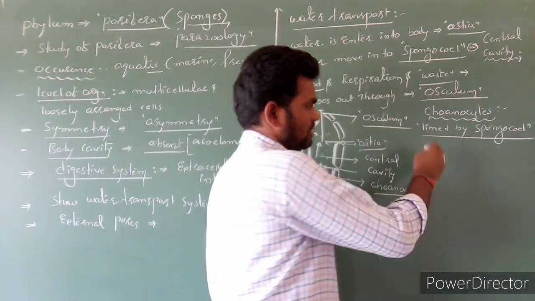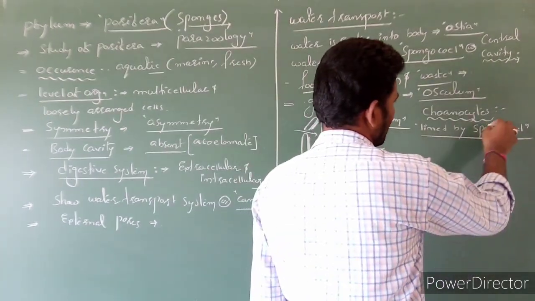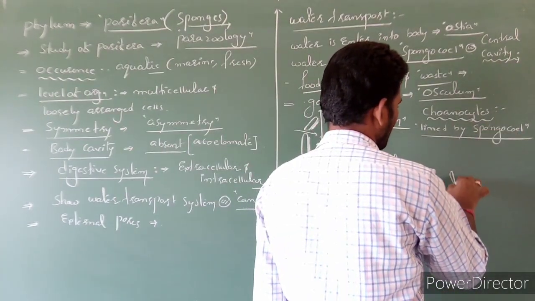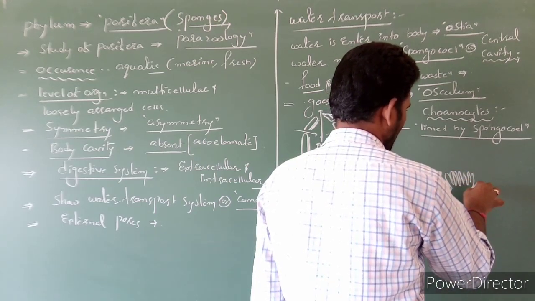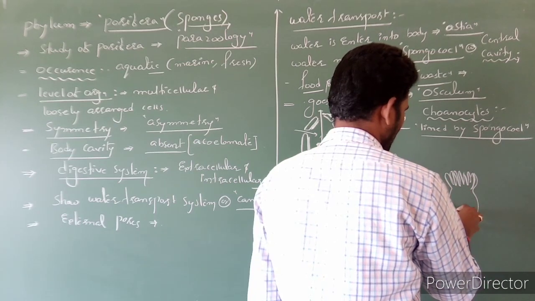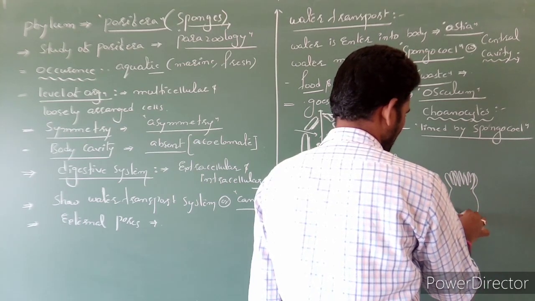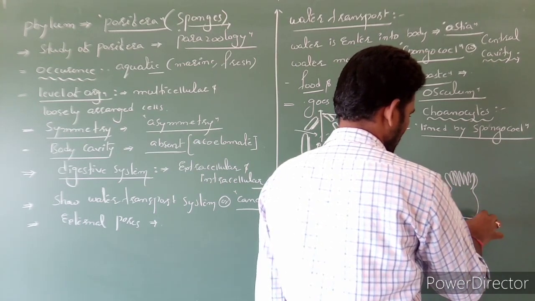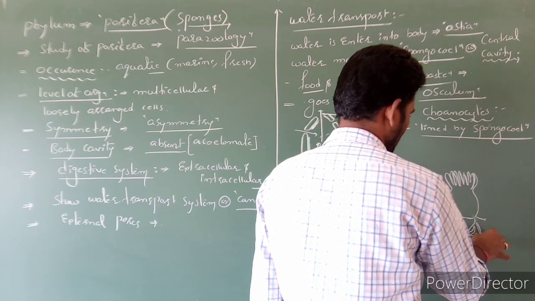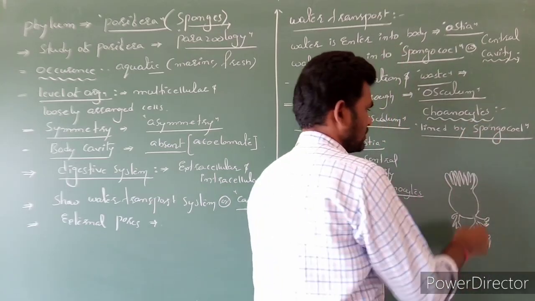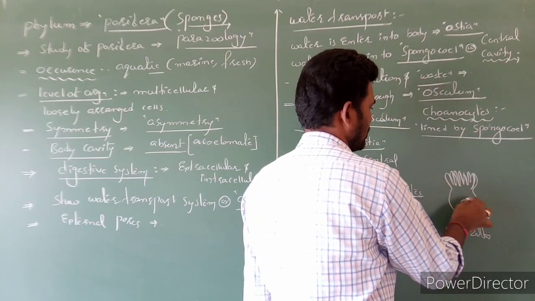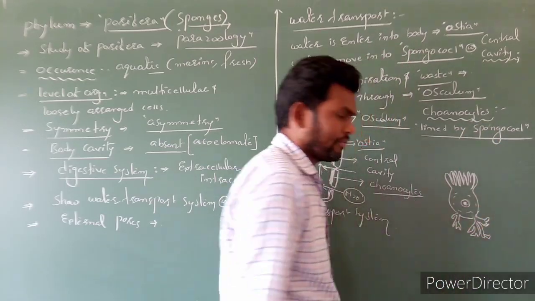Clear? So the diagram of spongocoel is this. This is your nucleus and this is cytoplasm.